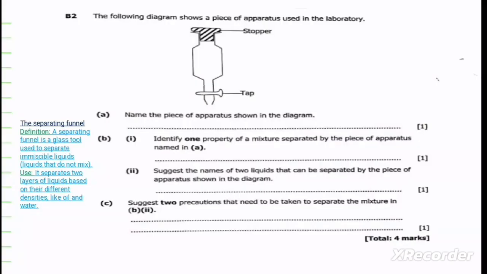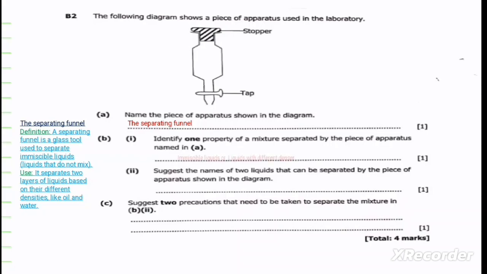Alright. Let us start answering the question. Question 2a. Name the piece of apparatus shown in the diagram. So the piece of apparatus is the separating funnel. B(i). Identify one property of a mixture separated by the piece of apparatus named in A. So we have already said that liquids that do not mix completely, the property is immiscible liquids.